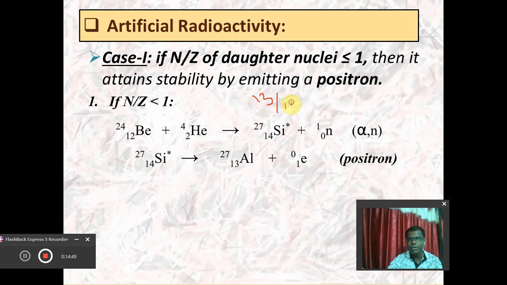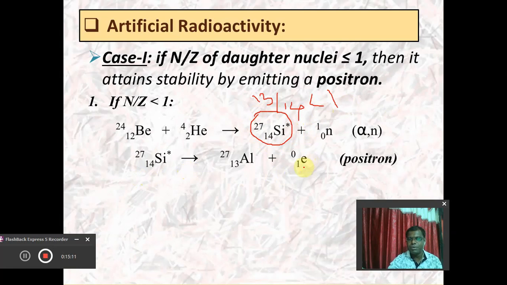So definitely it will be less than 1, a value like 0.something. So this silicon-27 has an N by Z ratio less than 1. This recoil nucleus is unstable, and that's why it emits a particle spontaneously.